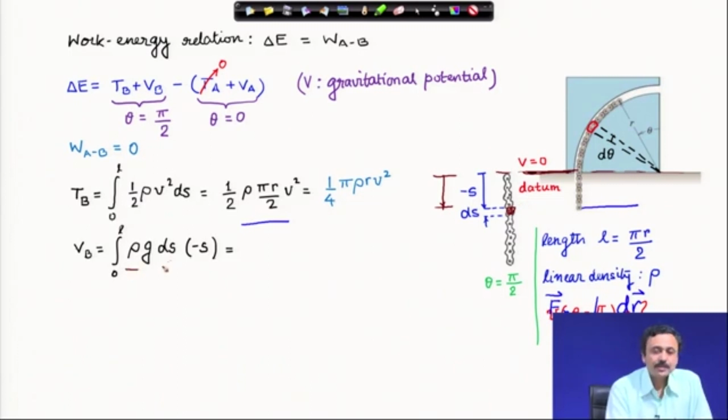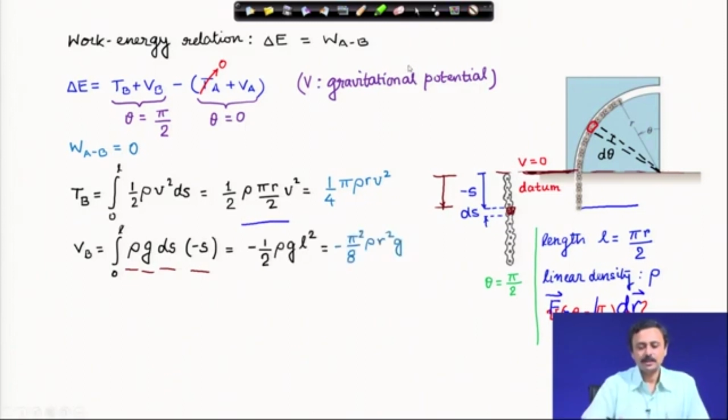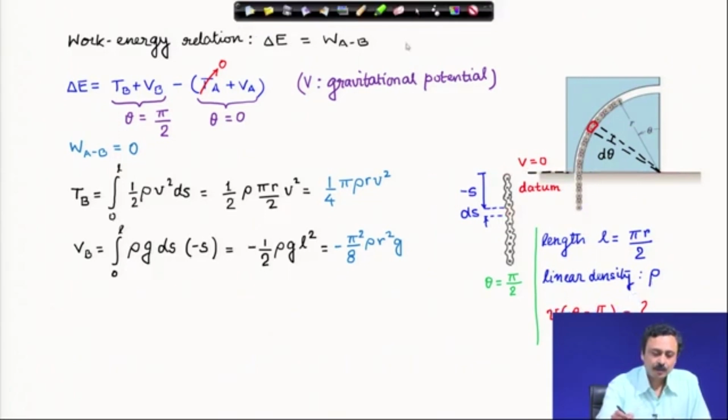So, rho times ds is the mass of the little element, g, and the displacement from the datum, which is minus s. Therefore, the potential energy of this little element is minus rho g s ds, and when you do this integral straightforward, you will get the potential energy expression. Okay, we have the kinetic energy and potential energy expressions at B.